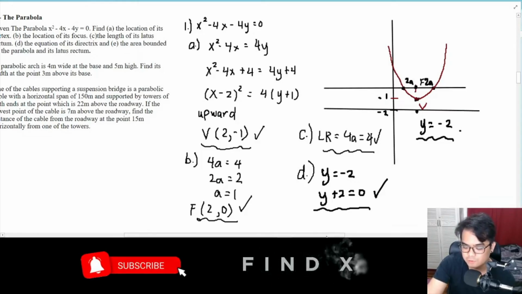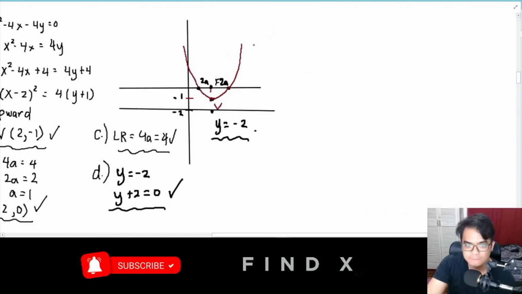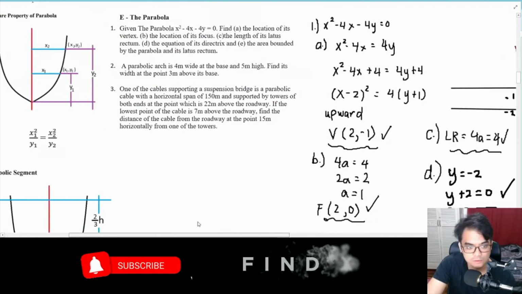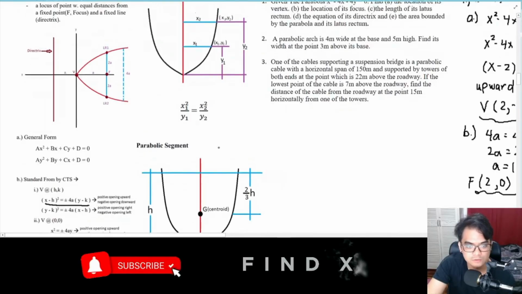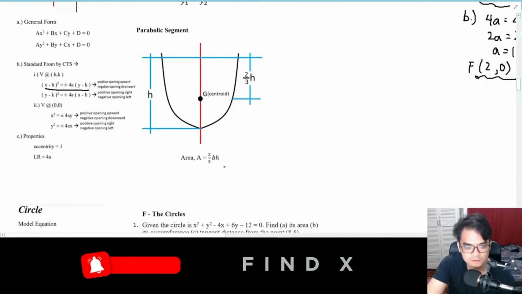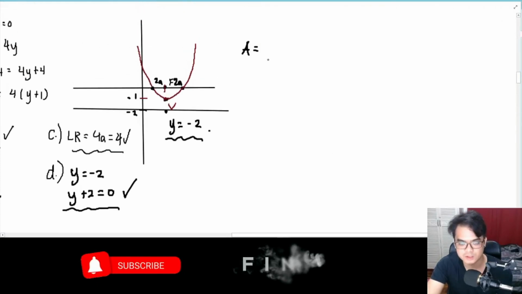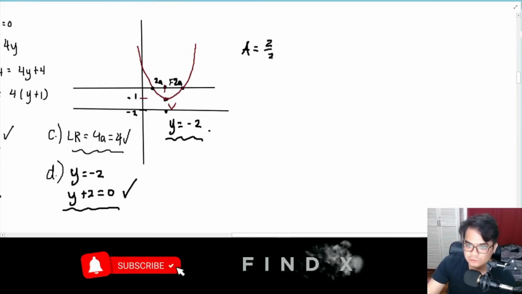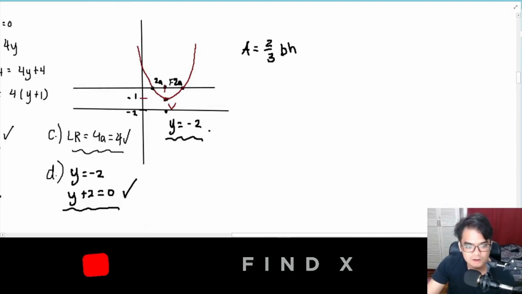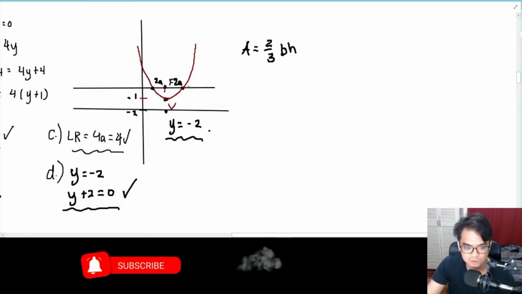Therefore, what you will have here is the height, or the area, is equal to the parabolic segment, okay? That's 2/3 BH. So the base is from the latus rectum to another latus rectum.